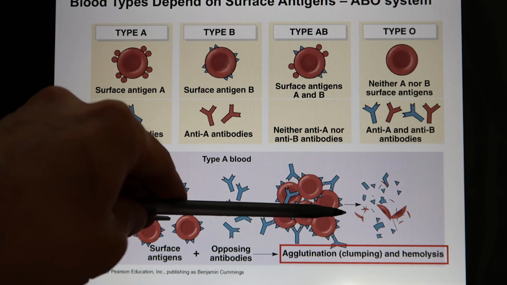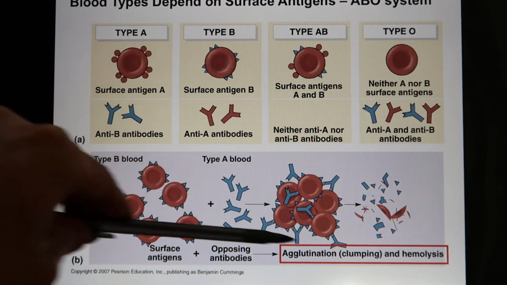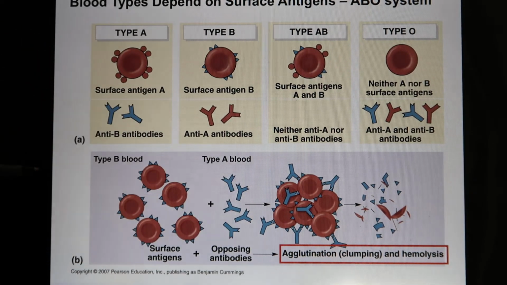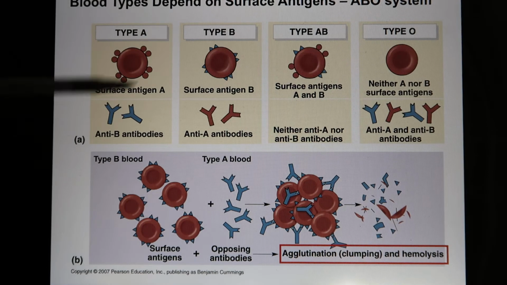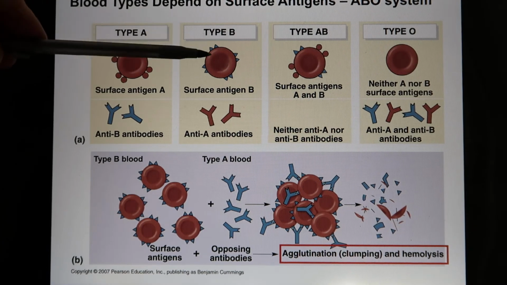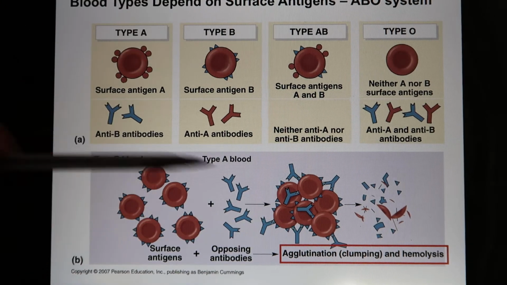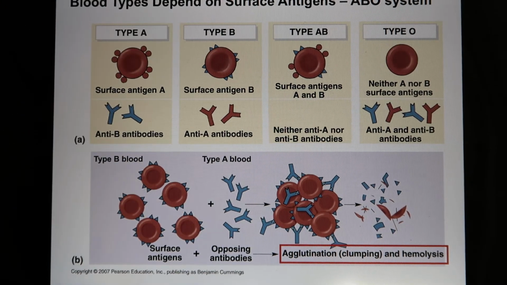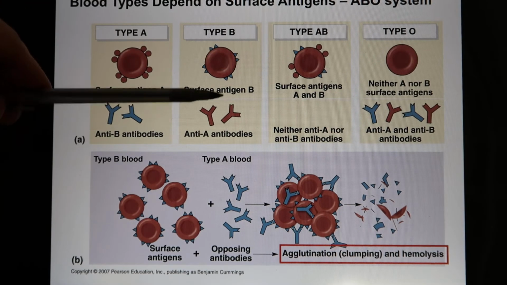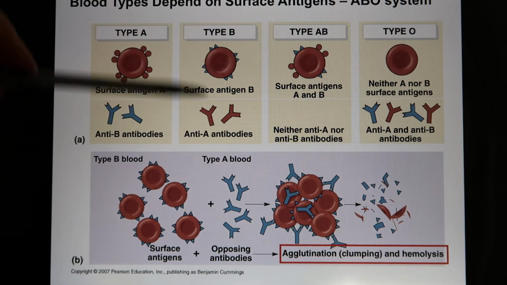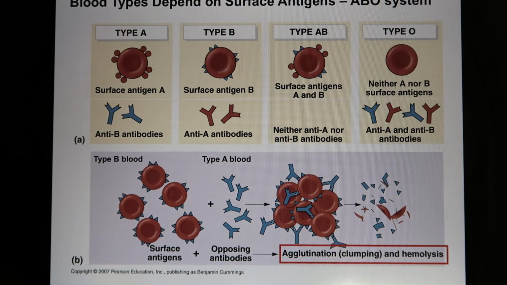In some serious cases, you can die. But that's how we identify the blood type. So if this person is type B blood and we put in anti-B, we're going to form clotting. That's how we identify this blood type. So we use this antibody-antigen matching system to identify the blood type.